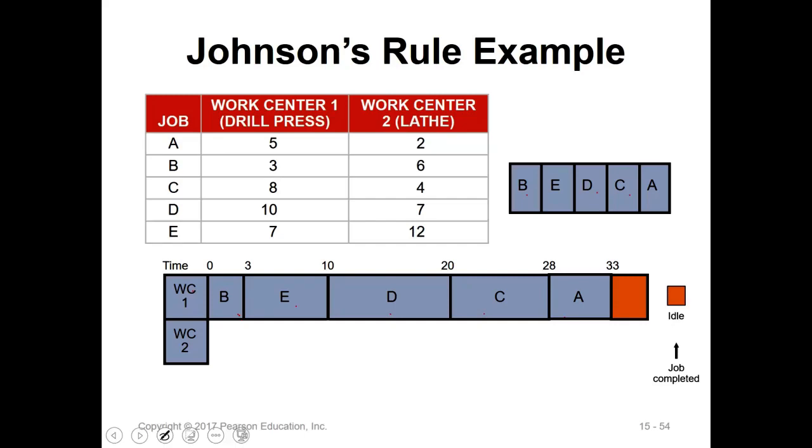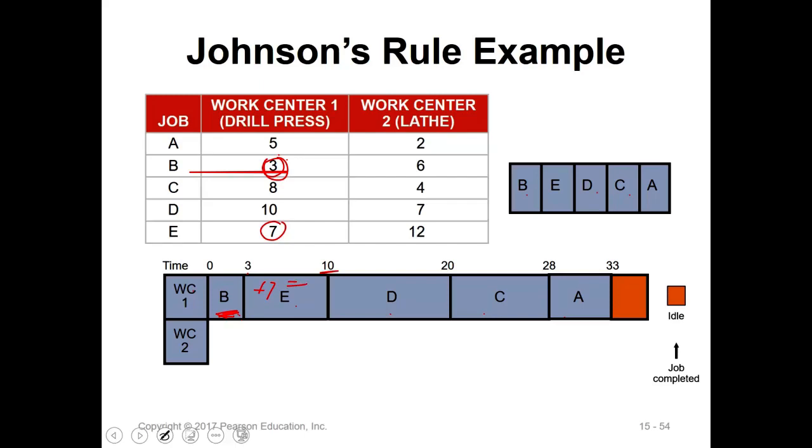Look at the processing time for B. We need 3 units to finish B. After that, it is E. E is going to take 7. So once B is finished at 3, you plus 7, now equals 10.